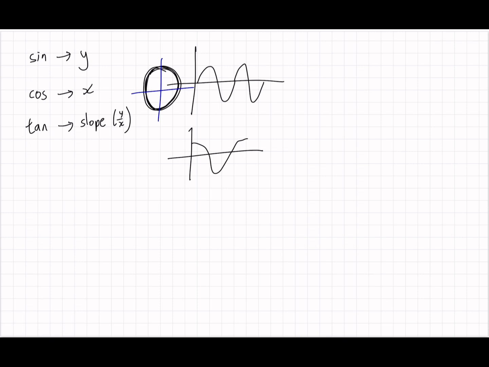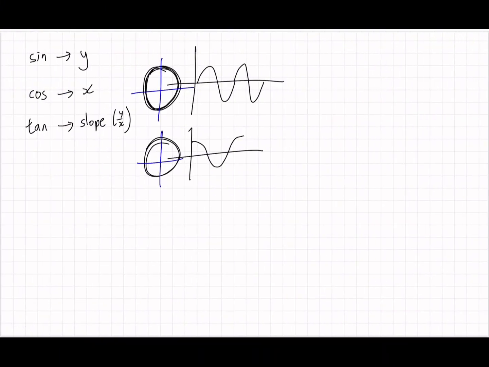Cosine, the graph was like this. And then we talked about the x values of the graph. So if we have the circle like this, then our x values are going to be starting at 1, and then decreasing to 0. Our x values are big, then it gets smaller to 0. That's what this part is.